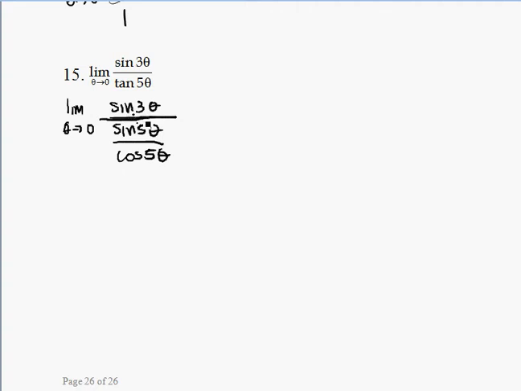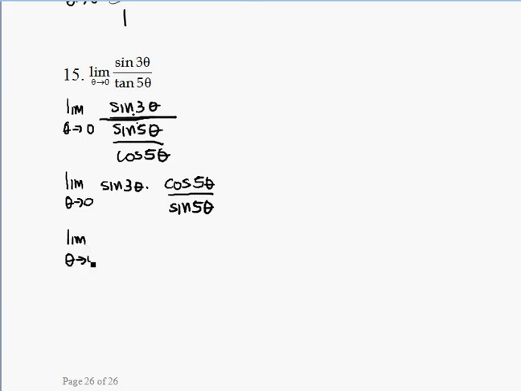So sine 3 theta divided by this fraction here. So we just take this and flip and multiply by this one here. So flip and multiply. I could make this one big fraction, but it doesn't really help me.